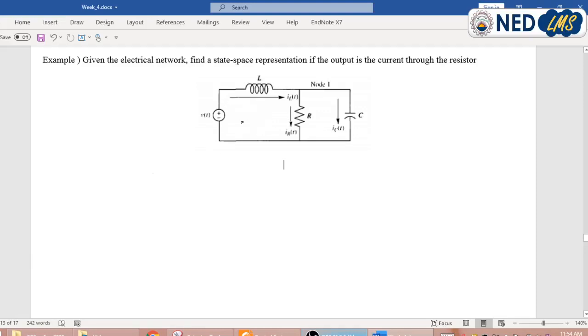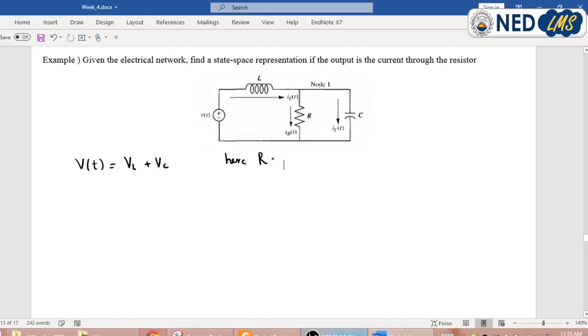In this loop, I can write that V of t input is equal to VL plus VC. Here we know that the resistor and the capacitor, these two elements are in parallel, and in parallel we have similar voltage here.